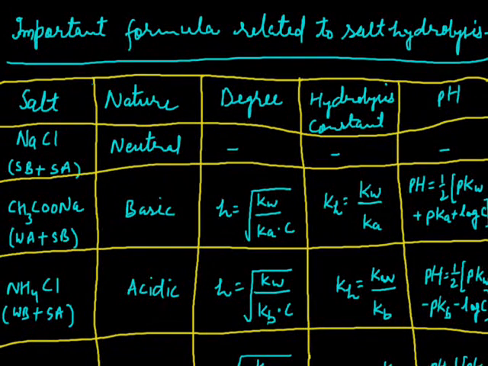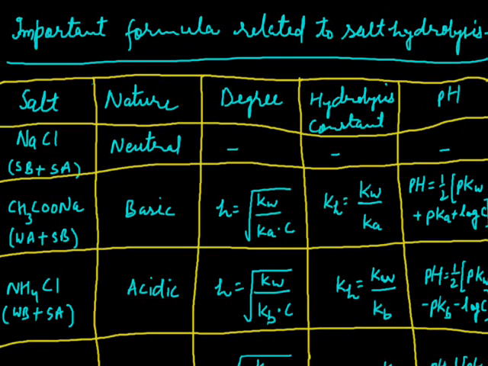For the type of salt consisting of a strong base and strong acid, the nature of the solution would be neutral and it won't undergo any hydrolysis. For the salt consisting of a weak acid and strong base, the nature of the solution would be basic.